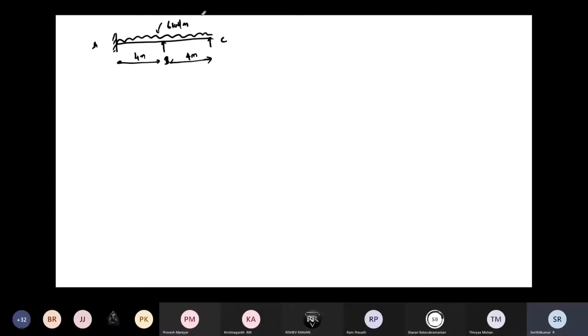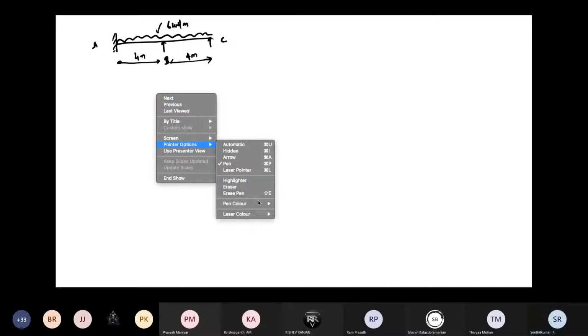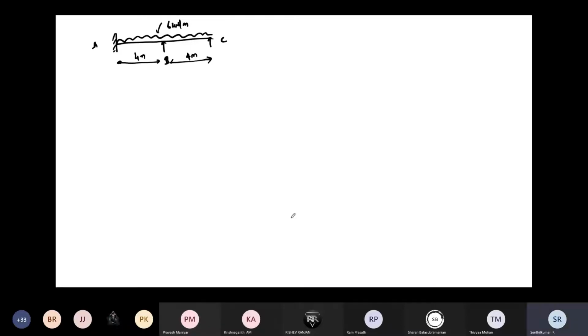The simple procedure to find the moments at A is to assume a zero length member before it. This is 0 meter. I can take it as A dash, with this kind of pin support.